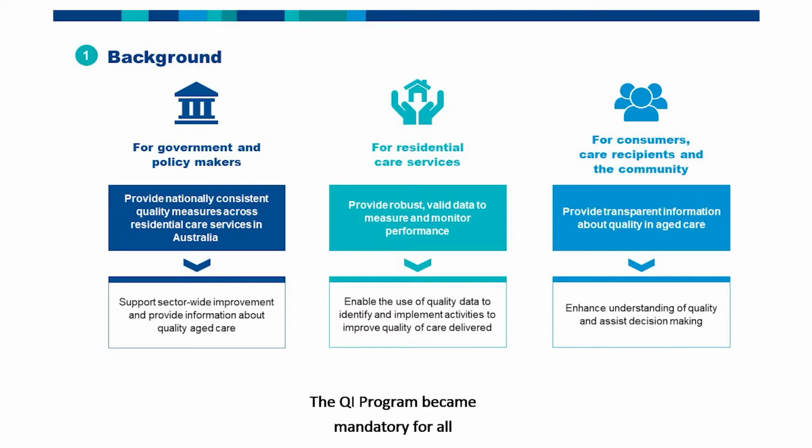The QI program became mandatory for all Commonwealth subsidised residential aged care providers in July 2019. The quality indicators measure important aspects of health and well-being, many of which can be prevented, improved or monitored more closely to reduce adverse health events.